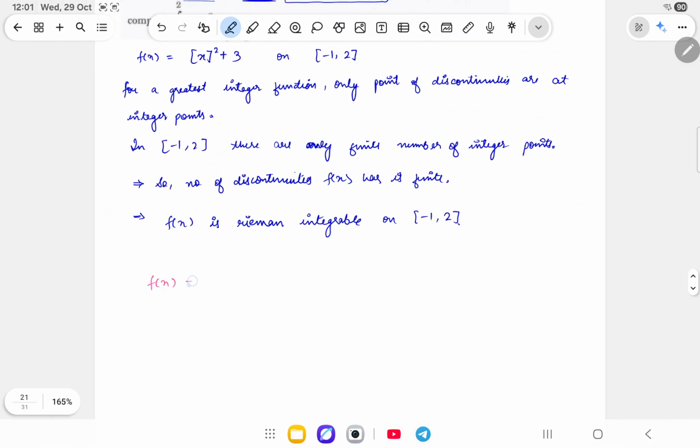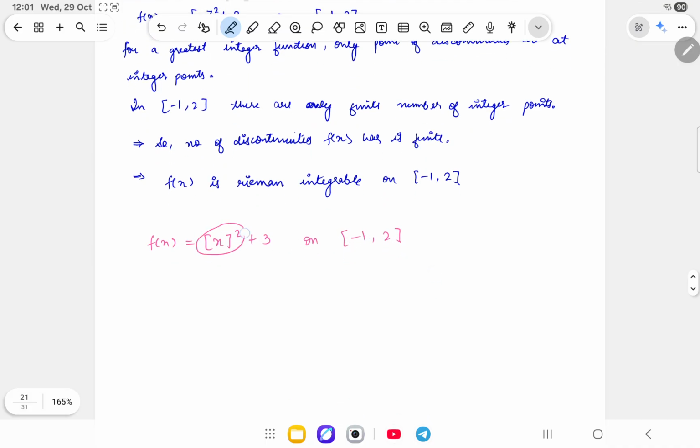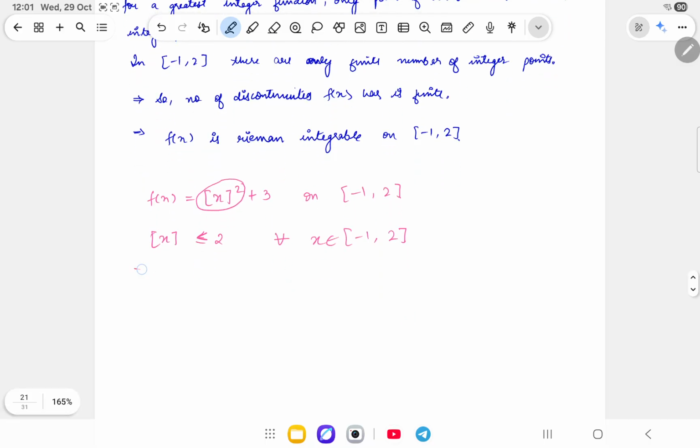Like f(x) is equal to [x] squared plus 3 on minus 1, 2. So the greatest value that this [x] takes is: mod [x] is less than or equal to 2 for all x in the closed interval minus 1, 2. So from here, [x] squared, the greatest integer function squared, will be less than or equal to 4, and if we add 3 on both sides, we get that our function f(x) is at most 7 for all x in the interval minus 1 to 2.